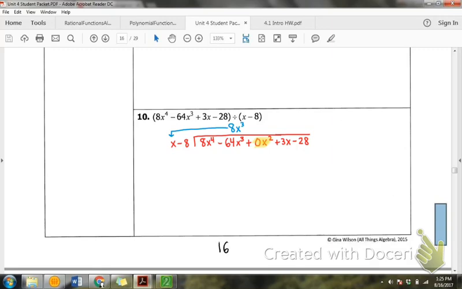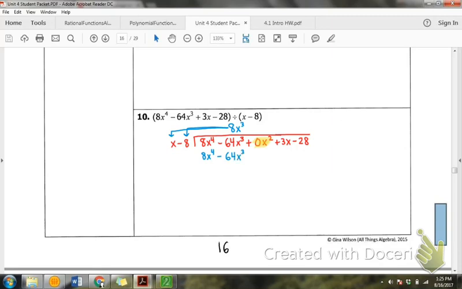If you need to draw the arrows to help you remember, that's totally fine, so that you don't get lost. Do it one at a time. So 8x cubed times x gives you 8x to the 4th. Then I'm going to draw a second arrow. Don't draw both arrows at the same time because then you'll lose sight of what you're doing. 8x cubed times negative 8 is negative 64x cubed.